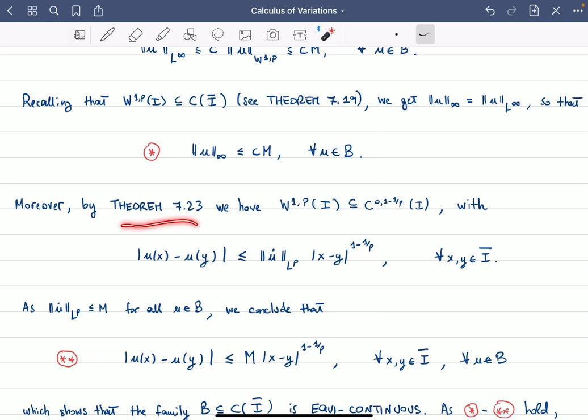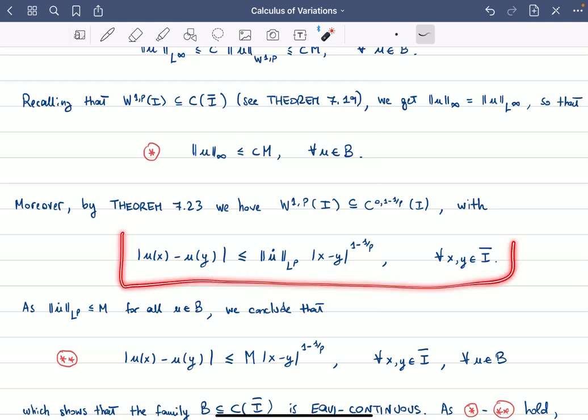And from the same theorem you also get this estimate, which was in the statement: the absolute value of U of x minus U of y can be bounded by the LP norm of U dot times the difference between x and y to the power of 1 minus 1 over P. And this is true for all points x, y in the closure of I.